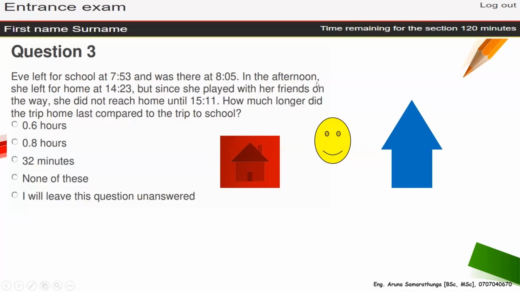In the afternoon, after finishing school, she left for home, that means she was coming back home, at 14:23. Sometimes they may have some activities. Normally school ends at 1:15. Normally the schools are conducted 8:15 to 1:15 in Finland.